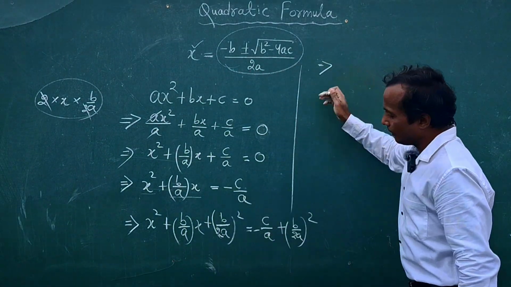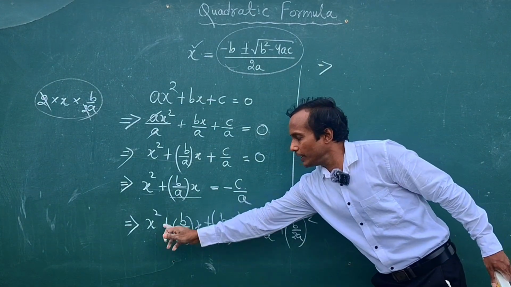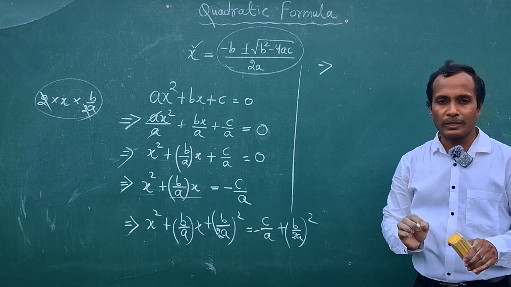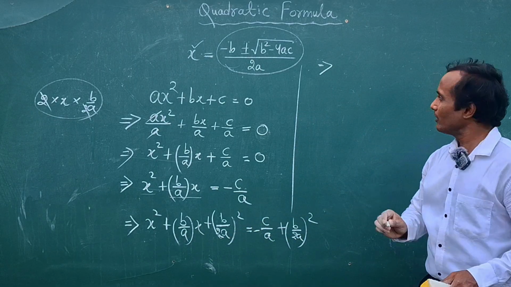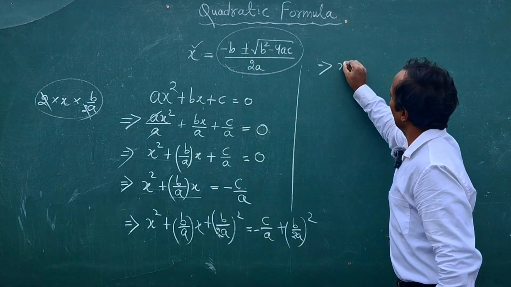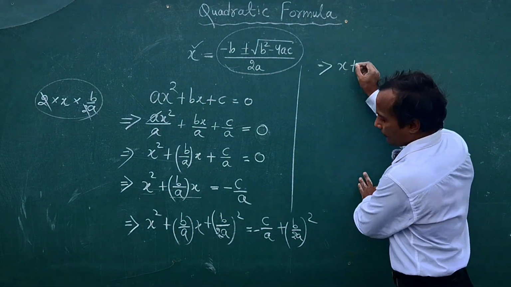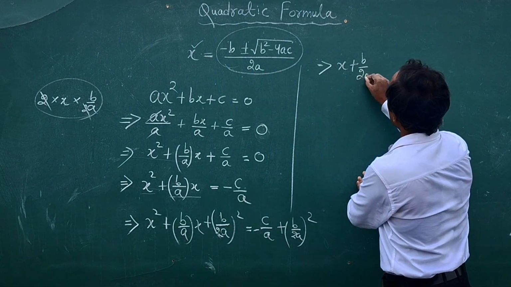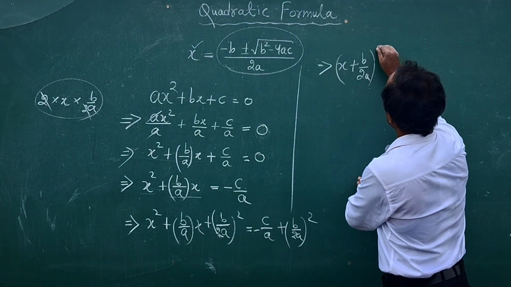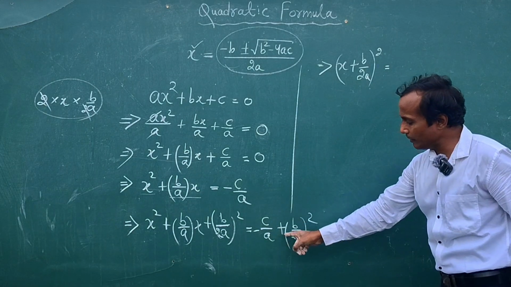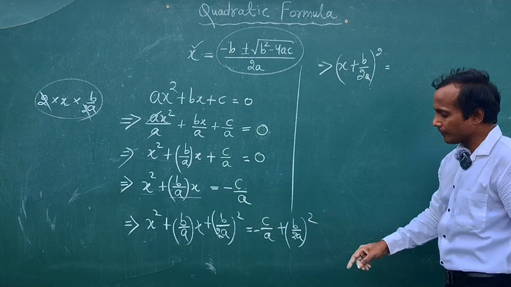Implies on the left side I have now a square plus 2ab plus b square. I can write that as (a plus b) whole square as per the identity, correct? So who is a? x. Who is b? b by 2a. So (x plus b by 2a) whole square equals, I have minus c by a plus (b by 2a) whole square.